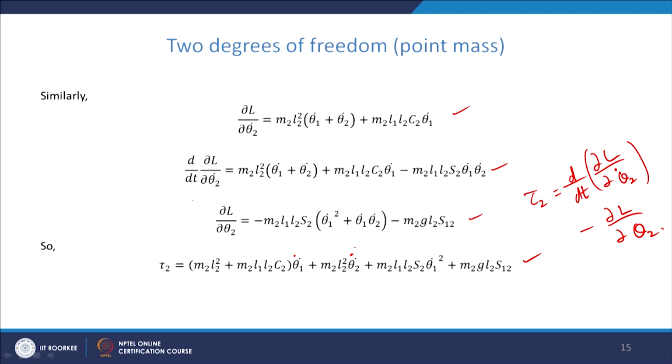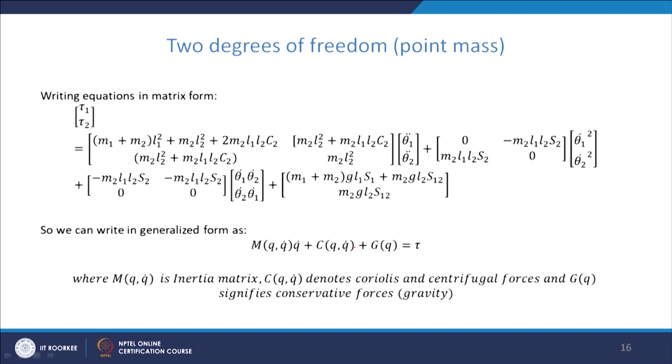So, these terms can be collected and written in the form of a matrix times theta double dot. Collecting the second derivative terms, the coefficients, as a matrix M separately, and the first derivative terms theta 1 dot and theta 2 dot, the second term is called C(Q, Q dot).